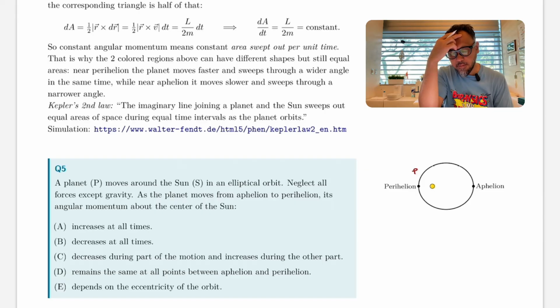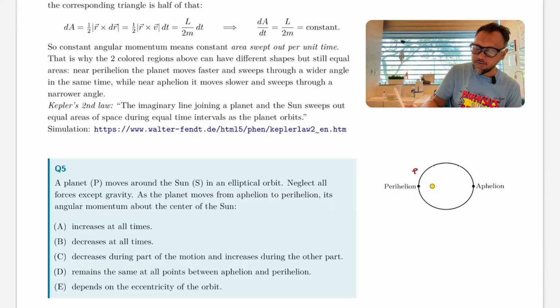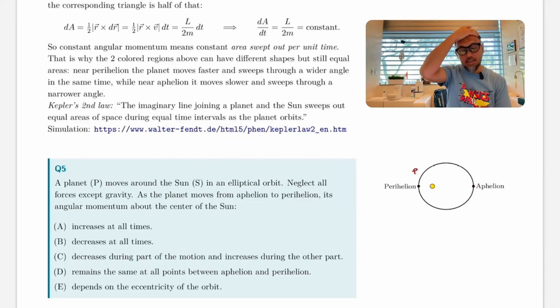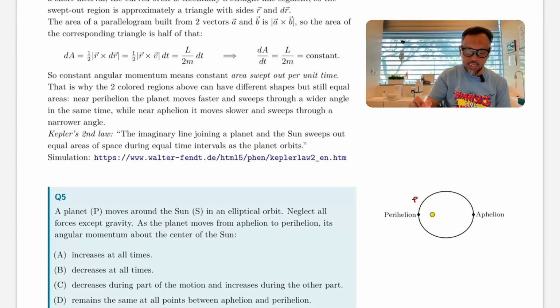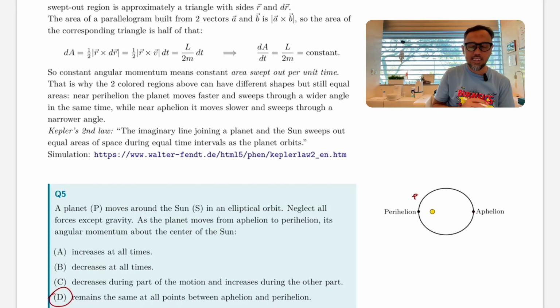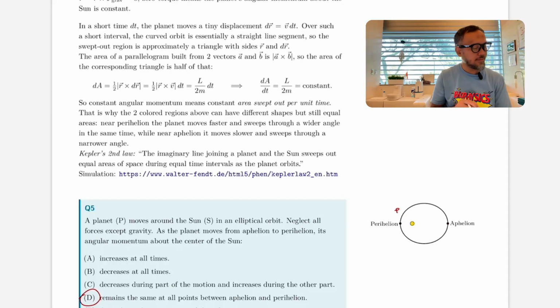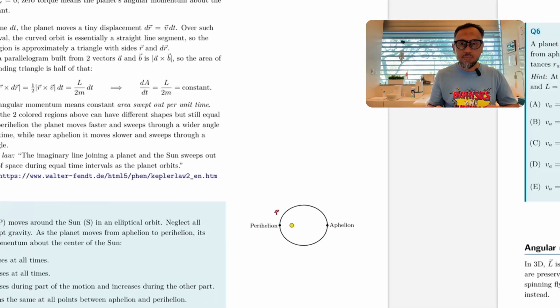As the planet moves from aphelion, which is the furthest distance between the planet and the sun, to perihelion, the closest distance between the planet and the sun, its angular momentum about the center of the sun is... You can pause and answer, but based on what we learned, the angular momentum is always constant, so the answer is remains the same. The answer is D. Good.